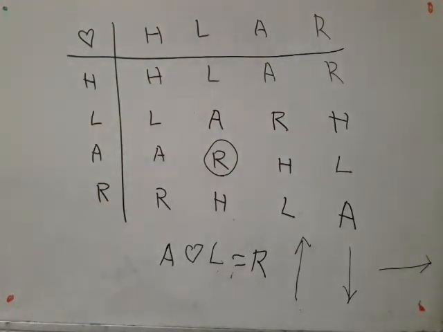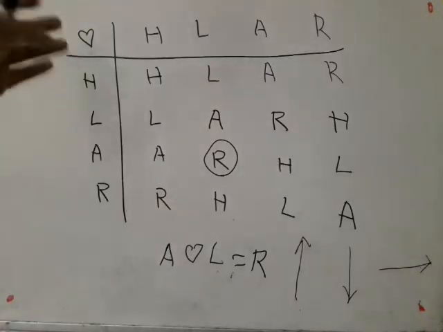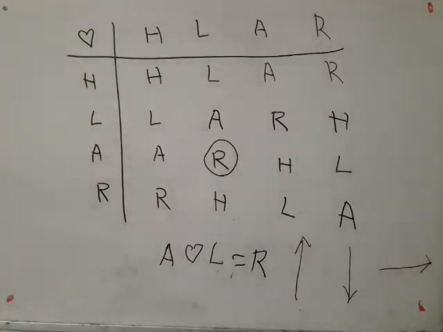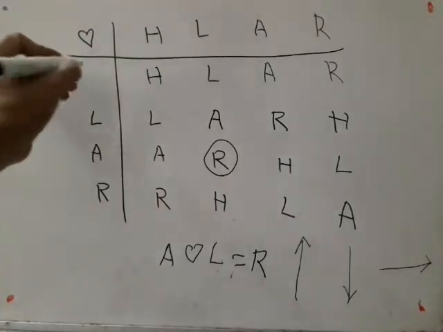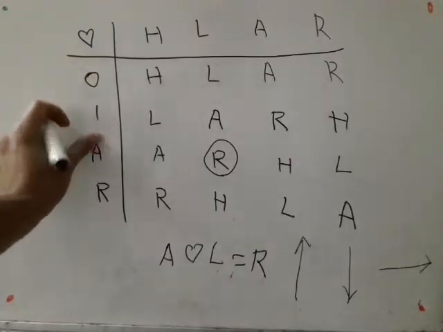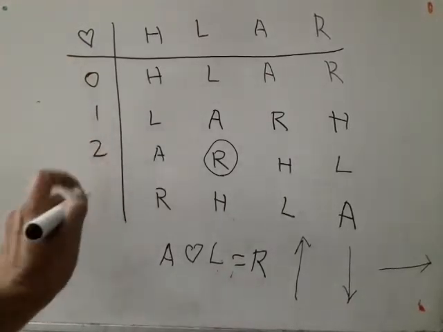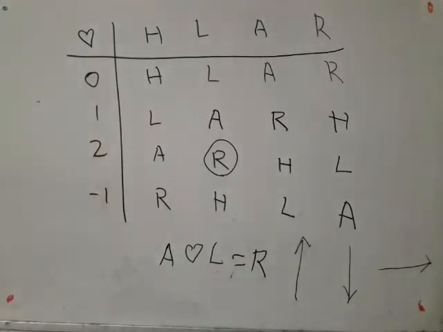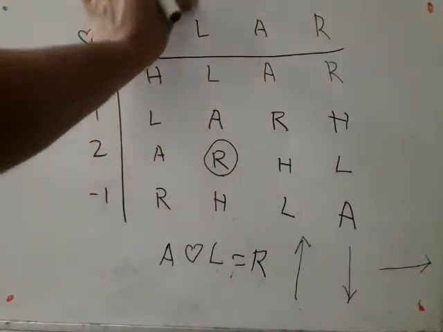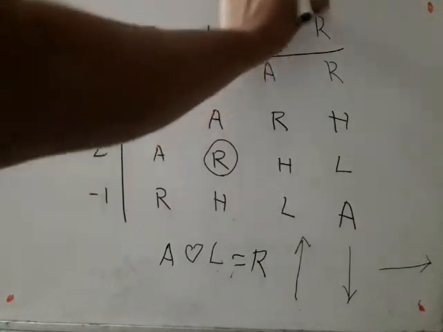Now we have already noticed, when we discussed this particular problem in the last video, that it is possible to express the same thing in a slightly different, more familiar way, like this. Instead of calling these things H, L, A, R, you might as well consider them as the numbers 0, 1, 2, and -1. Similarly, this is 0, 1, 2, and -1.